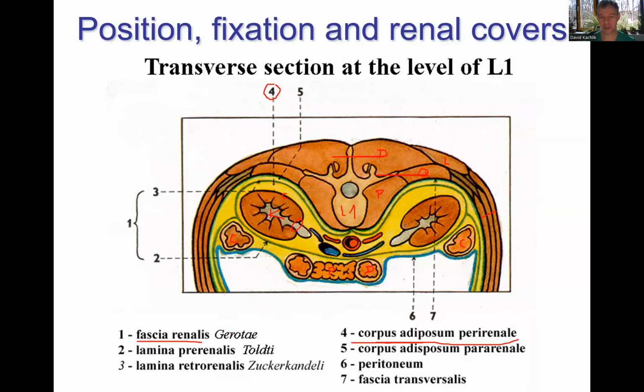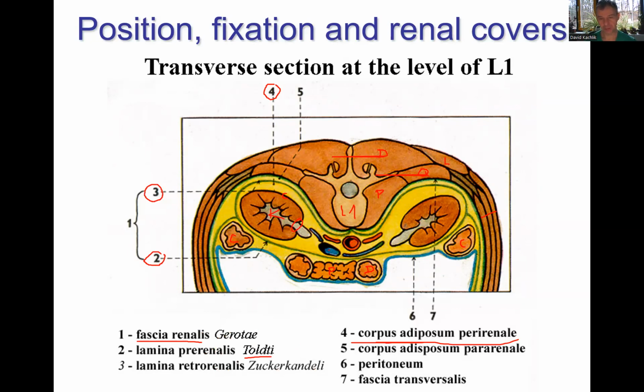So this Gerotta's fascia has got two plates, anterior and posterior. And these two laminae or two plates, we can nicely see. So number 2 is the prerenal one, called Tolz, and the postrenal called Zuckerkandels. Yeah, they were Germans, and Tolz even worked in Prague.